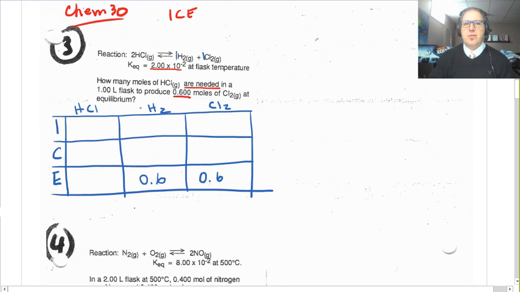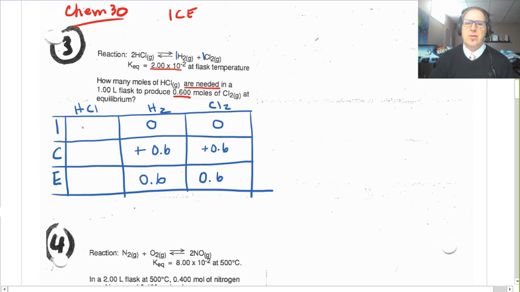We can also assume that we're starting with only HCl, so this is going to be 0 at the beginning for H2 and Cl2. We've changed from 0 to 0.6, so the change is positive 0.6, because we go from 0 and we're at 0.6 at equilibrium.